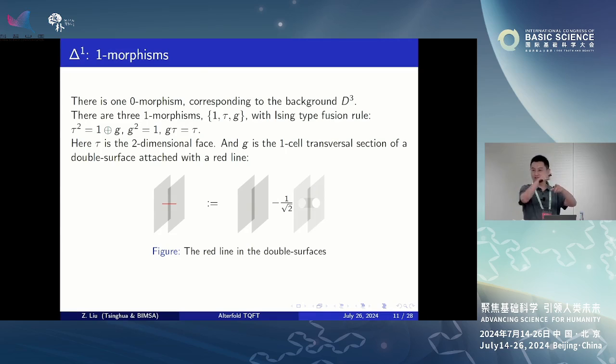And we want to see the intersection of 2 cells, 3 cells, 4 cells, and so on. Somehow we want to show the essential intersection has only finitely many types. In what sense? If we look at a line, we can intersect with the face 0 times, and we call that trivial, or 1 time, we call that tau.